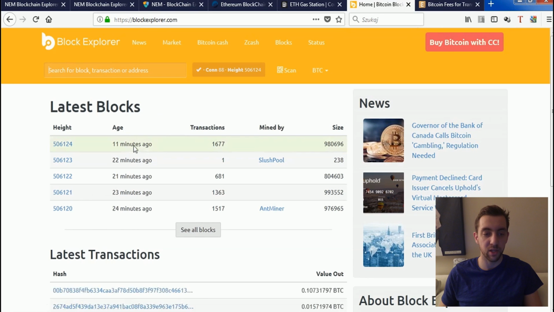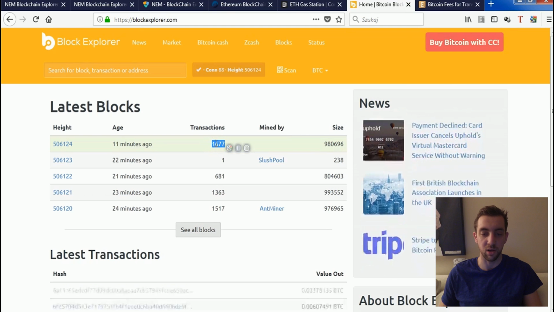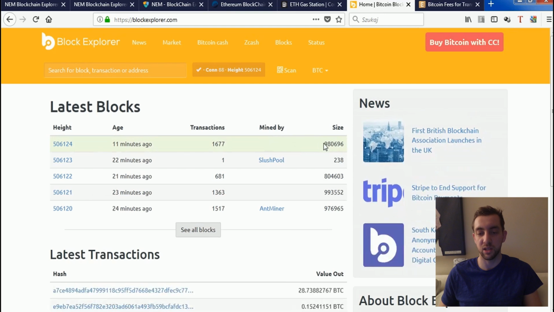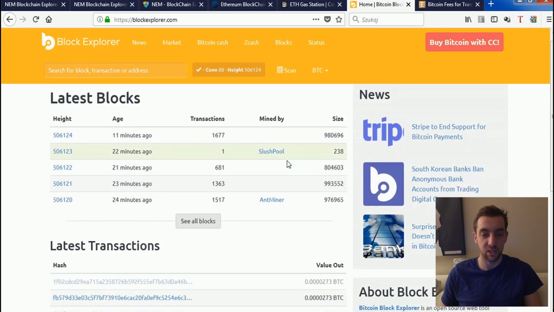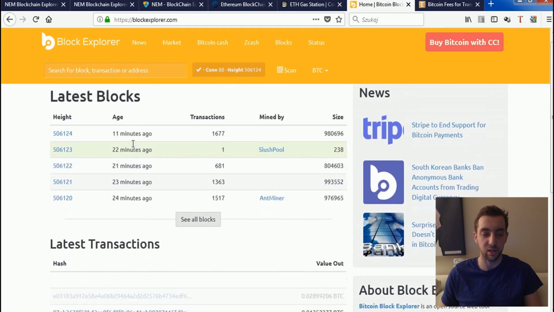And here we can see how many transactions were introduced in this block, who mined this block, which pool, the mining pool, and the size of the block, in bytes. So that's the information about the blocks.